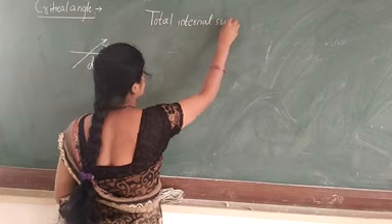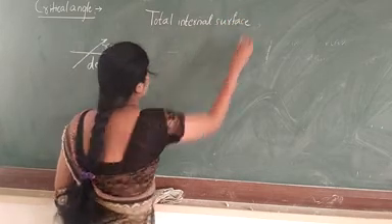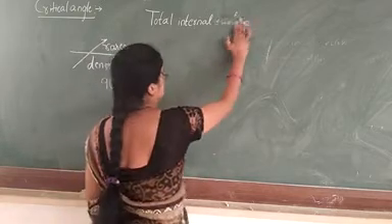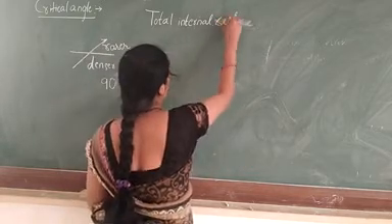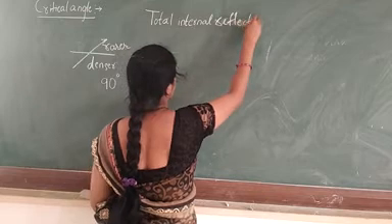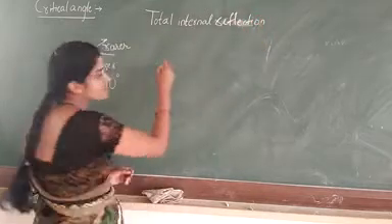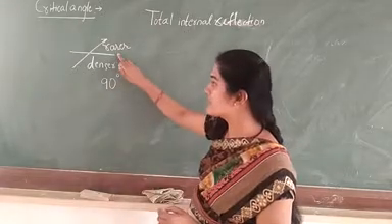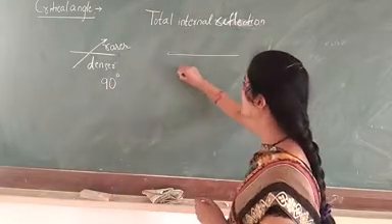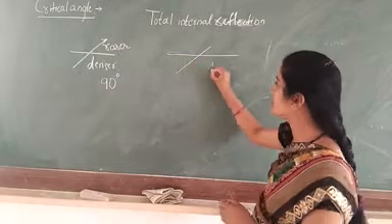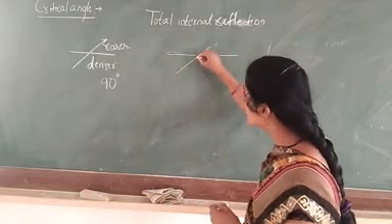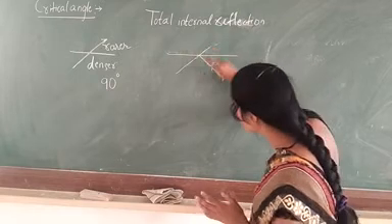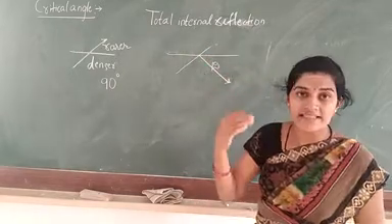Next, in the same way, we have to study total internal reflection. The definition of total internal reflection: a ray which is made to pass from the denser medium to the rarer medium gets reflected back towards the denser medium.